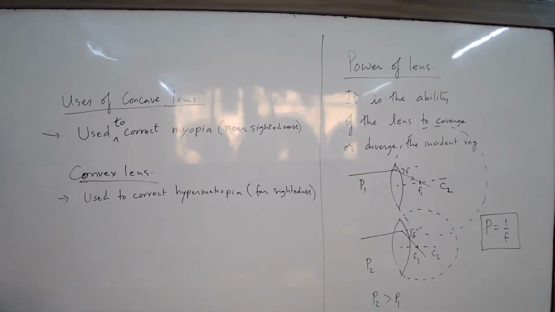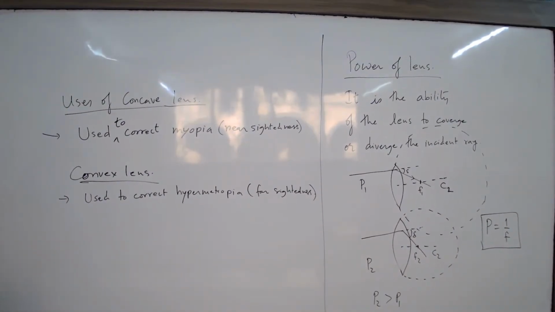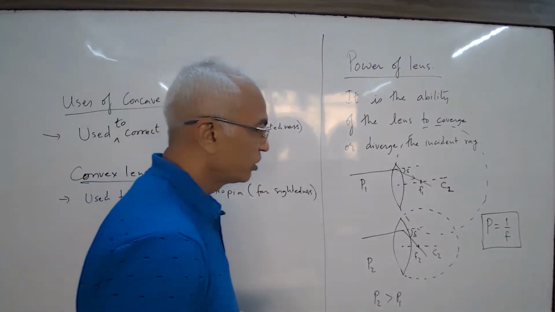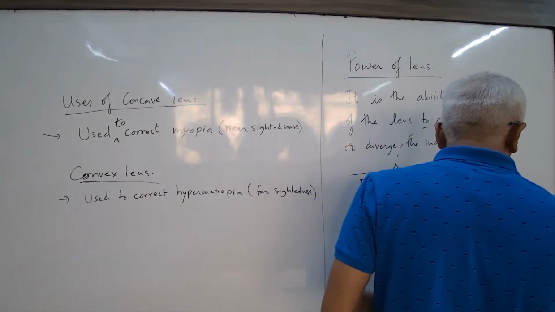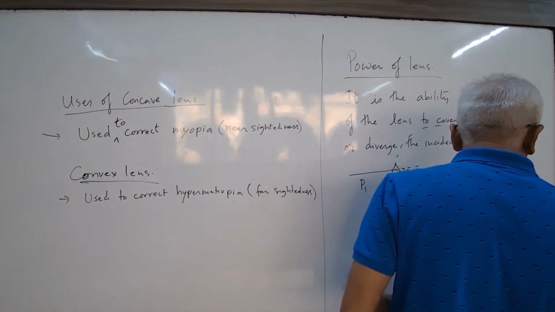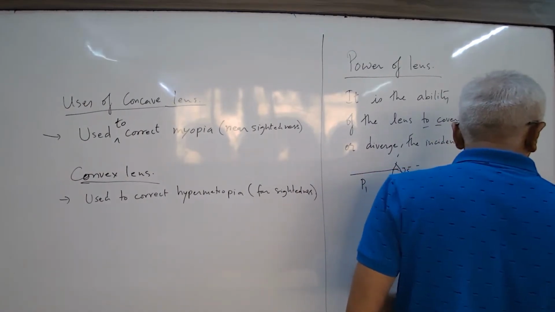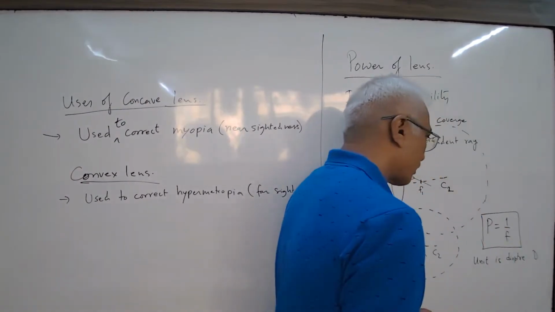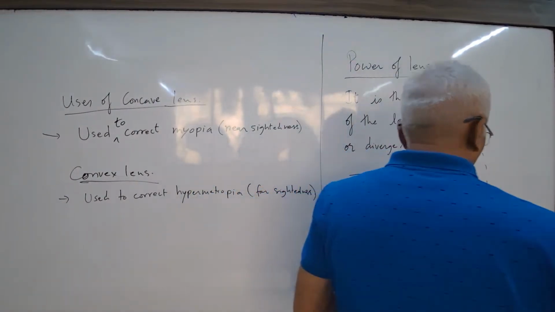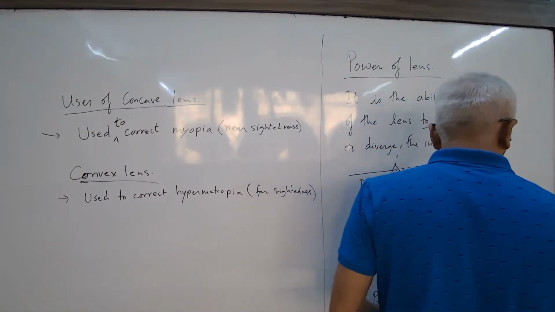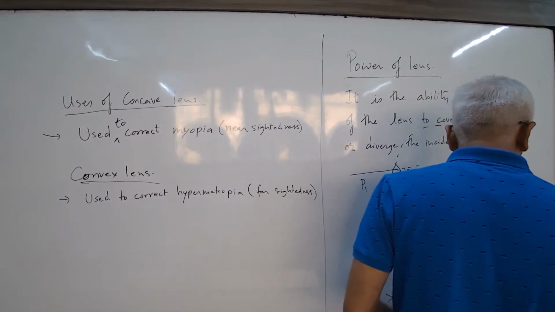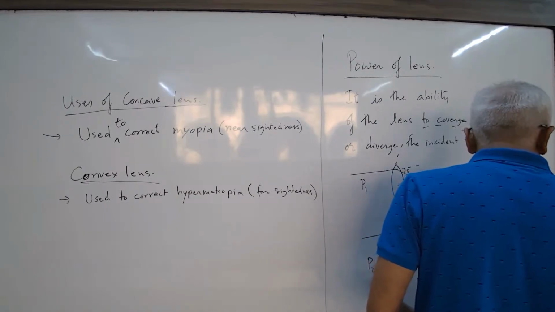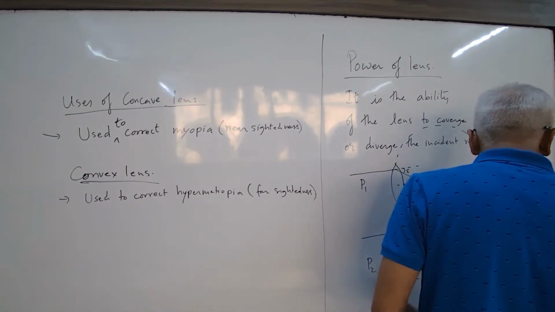Okay. Everybody understood? Power is reciprocal of focal length. Now let's discuss the unit of power. Unit of power is diopter and the symbol is D. The unit is diopter when f is expressed in meter.